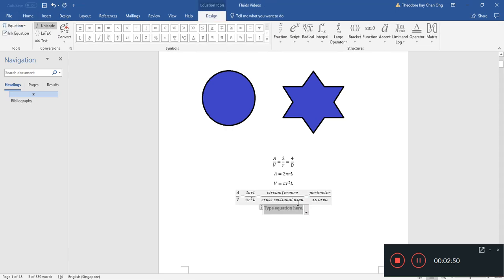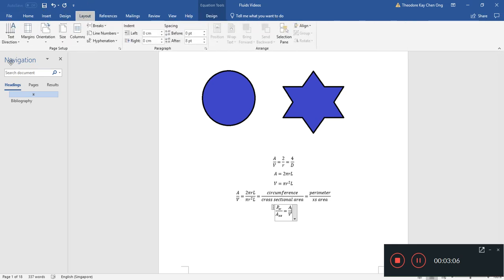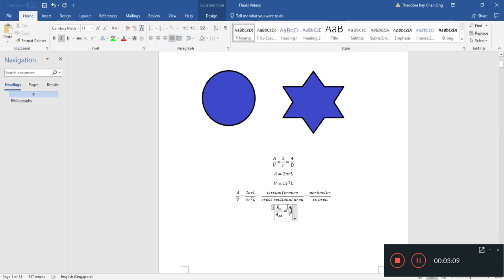So I'm going to write P_W over A_XS equals area over volume, and I'm just going to clarify that this area is the internal surface area. That means this dark colored line.